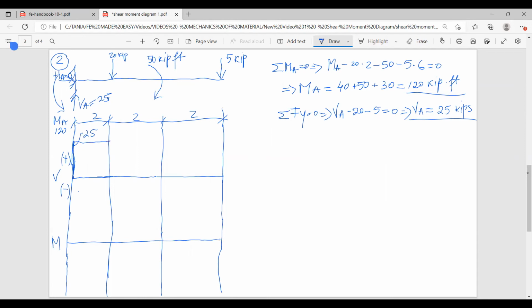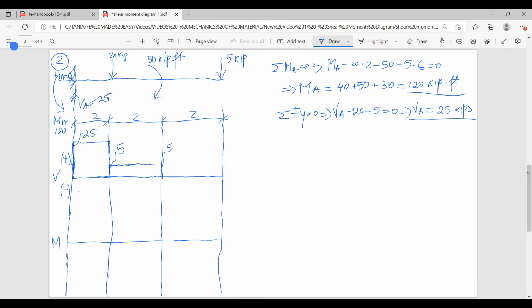And now getting here, I have to go 20 kips down, meaning this value here is going to be 5. And again, my diagram is going to be constant. Nothing is happening on the beam. And here, still 5. I don't have any loads.